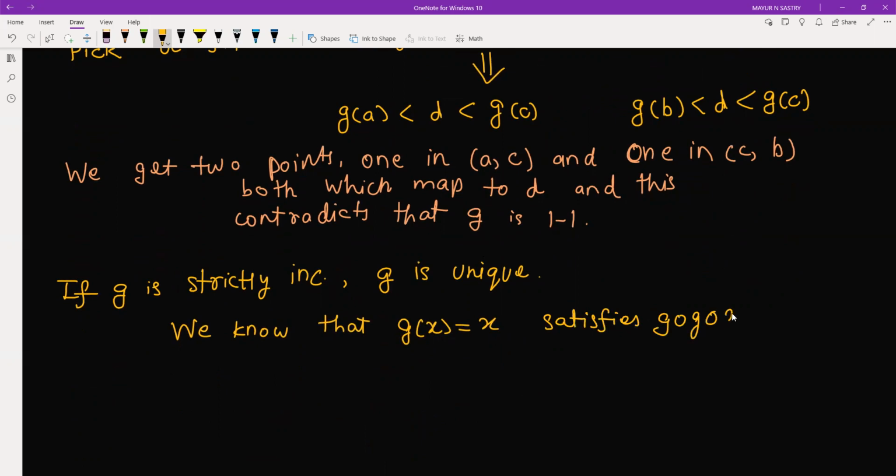We want to show that this is the only possibility, which means that if G is such a function, we want to show that G of x equal to x for every x. So we are going to make use of G of G of x equal to x for all x.